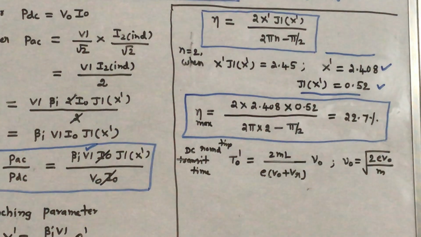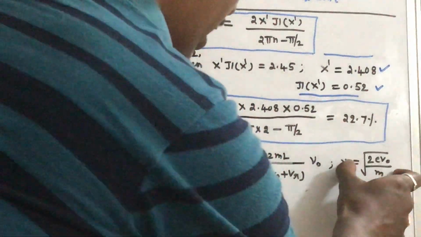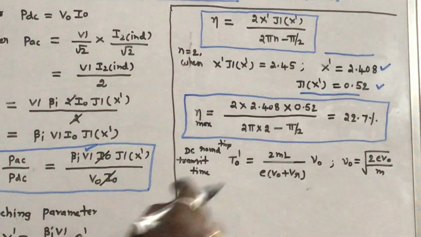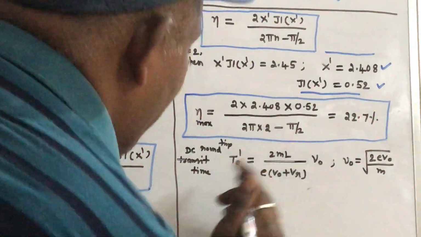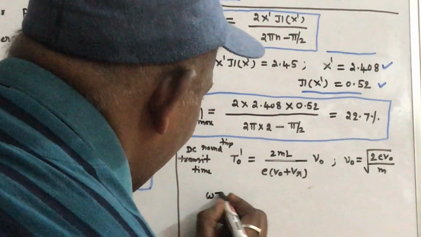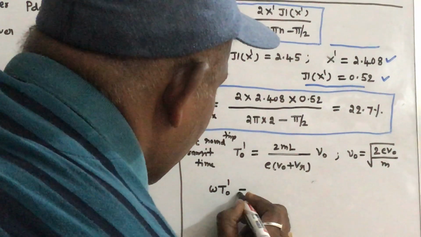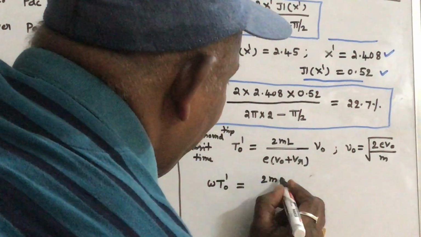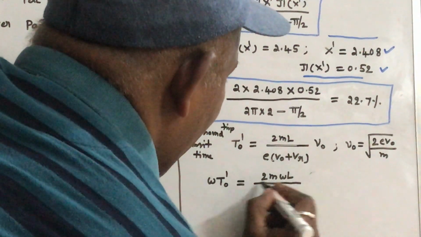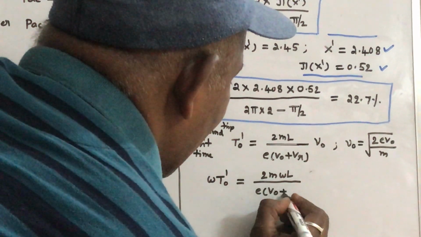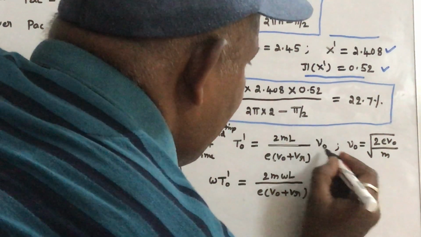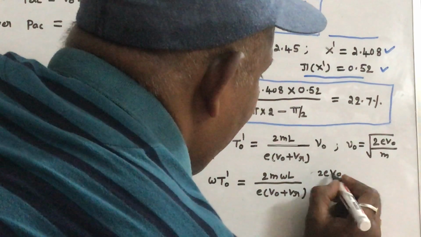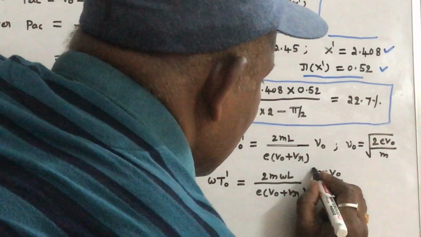The DC beam velocity is square root of 2e V0 by m. Therefore substitute this parameter here and multiply this equation with omega. So this is written as omega T0, that is equal to 2m omega L by E into V0 plus VR into the DC beam velocity, square root of 2e V0 by m.